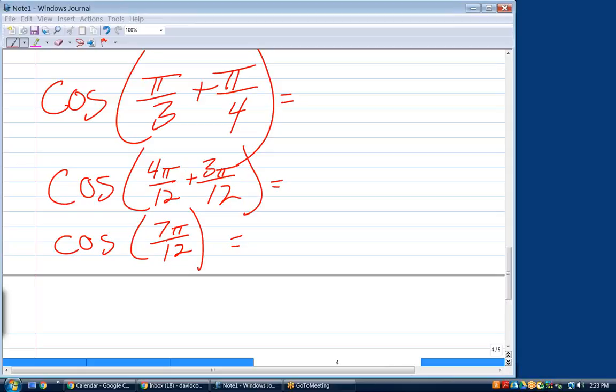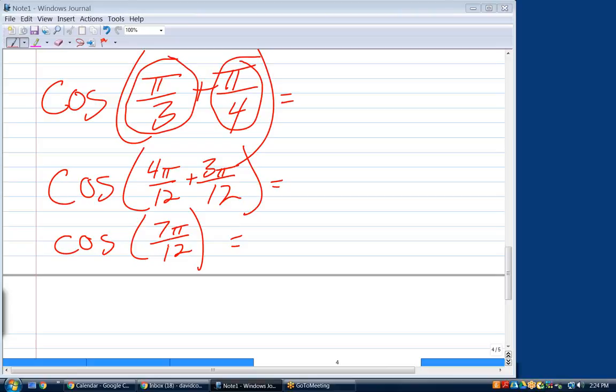Well, if I said, what is the cosine of 7 pi over 12? You wouldn't really know that answer. You don't have any two reference triangles that'll give you that answer. But if you know that 7 pi over 12 is the same as pi over 3 plus pi over 4, now you know the answer to cosine of pi over 3 and cosine of pi over 4.